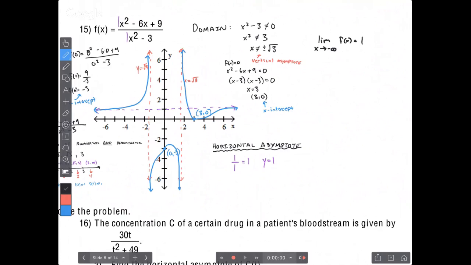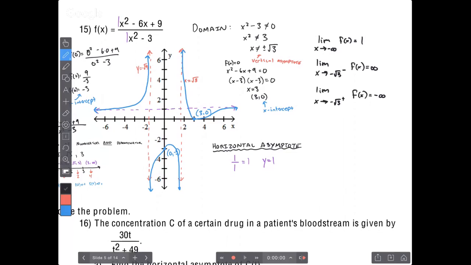You should be able to say things like the limit as x approaches negative root 3 from the left side of the function f of x is equal to positive infinity, whereas the limit as x approaches negative root 3 from the right side of f of x is equal to negative infinity.